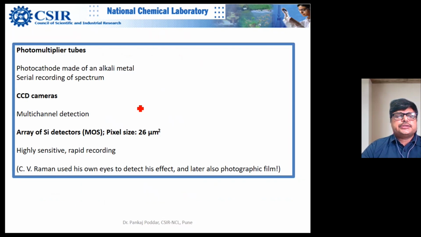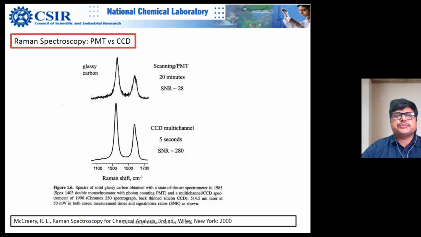So finally, the detectors. There are two kinds of detectors: photomultiplier tubes and CCD cameras. I will not speak much about it because I have to move to the next topic, but there is only one or two slides, I guess. Here you can see the comparison. The PMT is single channel and CCDs are multi-channel, so you can record multiple wavelengths simultaneously.